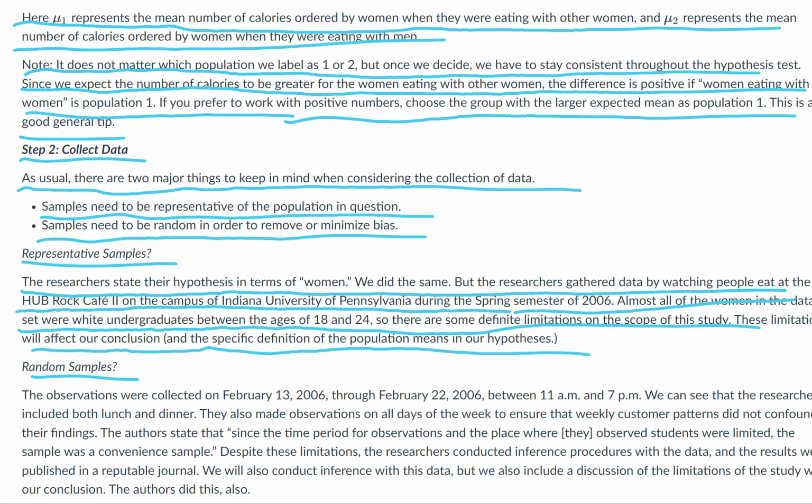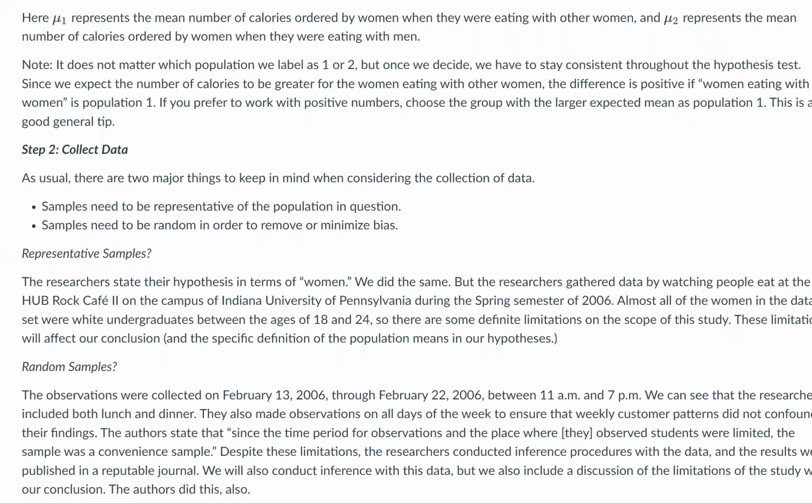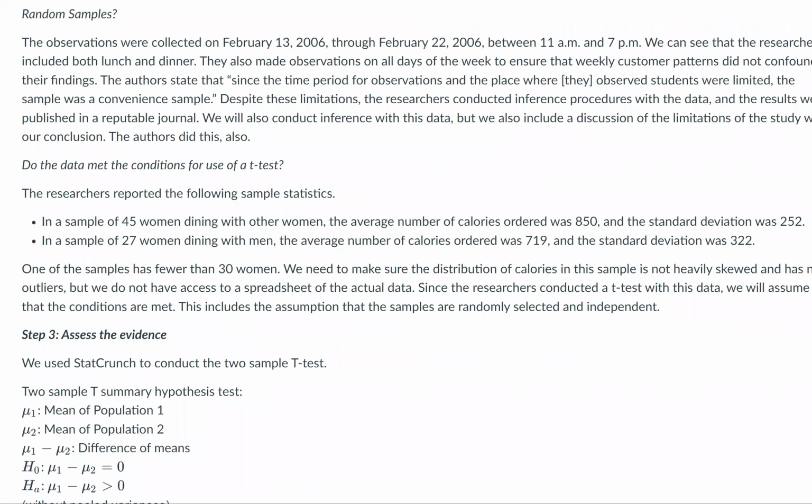These limitations will affect our conclusion and the specific definition of the population means in our hypotheses. So random samples, we'll think about that. The observations were collected on February 13th, 2006 through February 22nd, 2006, between 11 a.m. and 7 p.m. We can see that the researchers included both lunch and dinner. They also made observations on all days of the week to ensure that weekly customer patterns did not confound their findings.